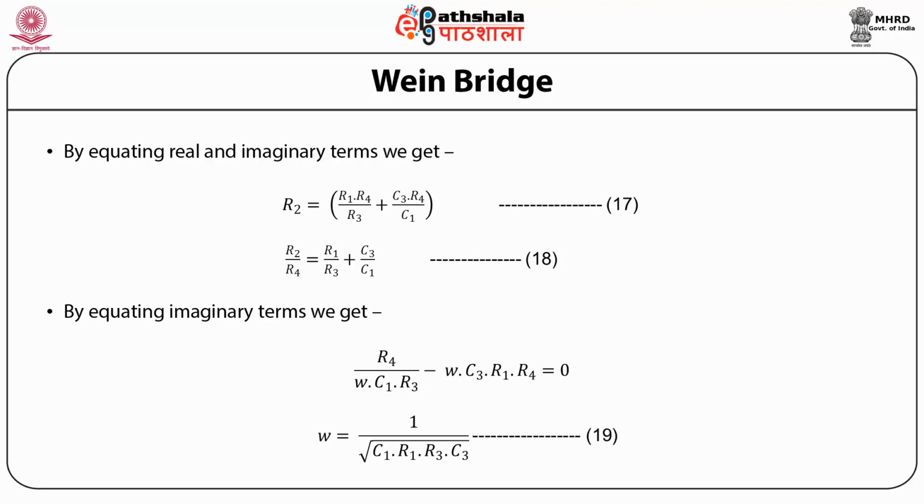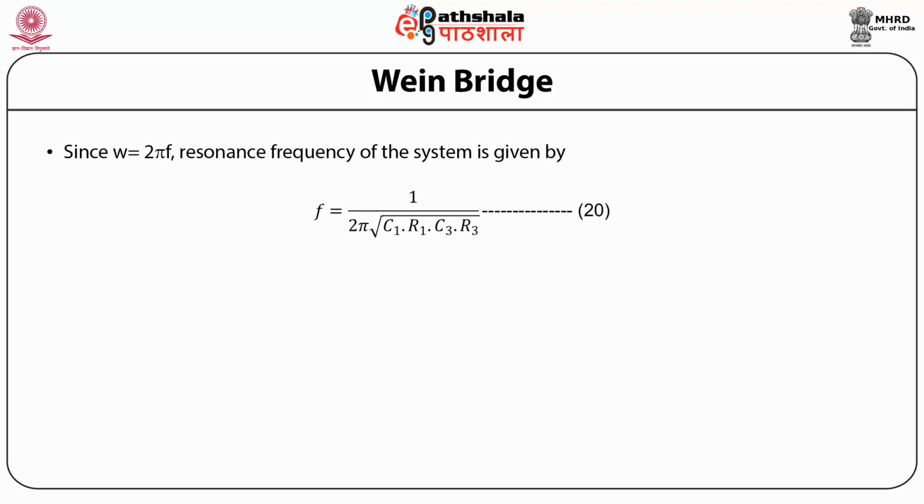This is equation 19. Since ω = 2πf, the resonance frequency of the system is given by f = 1/(2π√(C1·R1·C3·R3)).